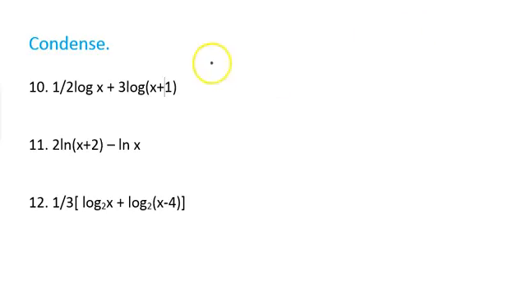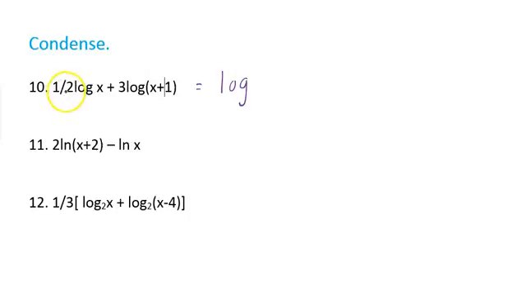Okay, our last type of problem today is condensing, which is going backwards from what we just did. And so I look at whether we're being added or subtracted and what powers might be in the front. So for the first one, I'm adding, so that's going to go back as multiplication. And so I'm going to do log, I'm doing x and the x plus 1 multiplied.